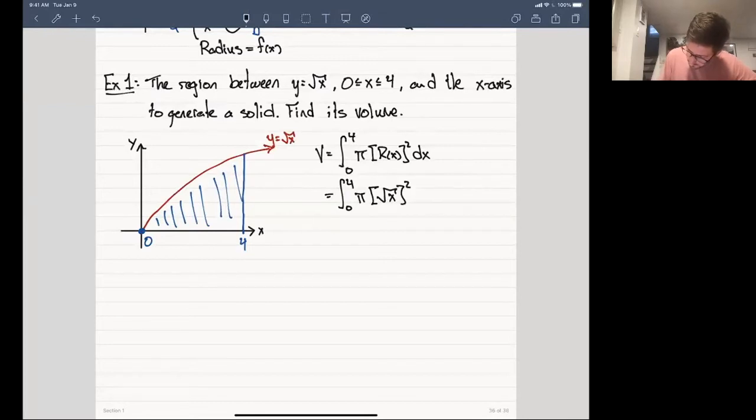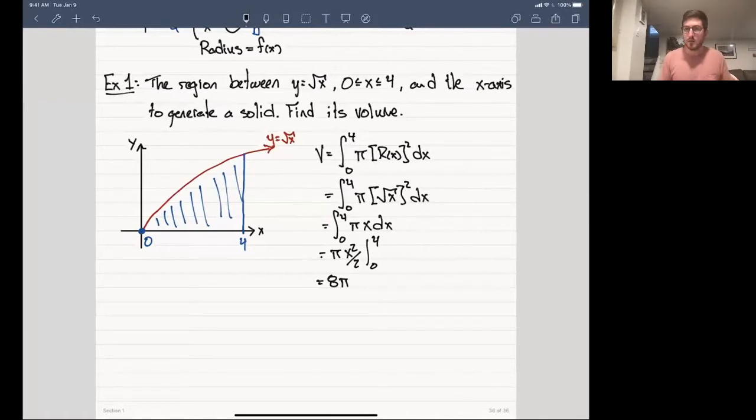I'm squaring that thing, so I'm really just integrating x. So pi times x dx. This leaves me with pi x squared over 2 running from 0 to 4. And in this case, we get a volume of 8 pi.